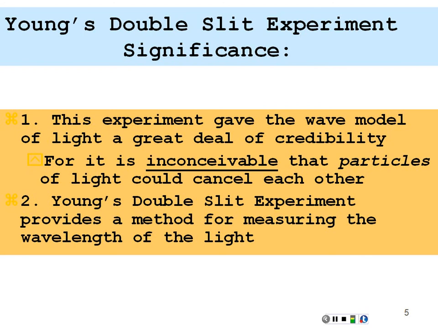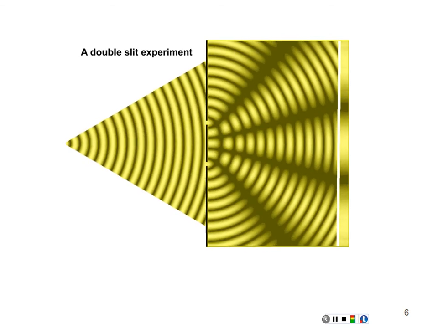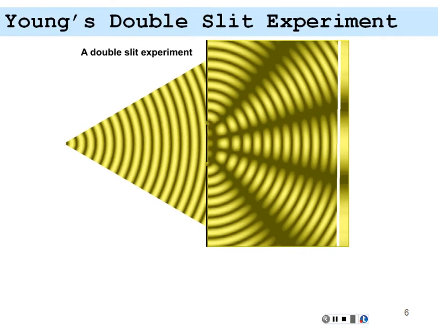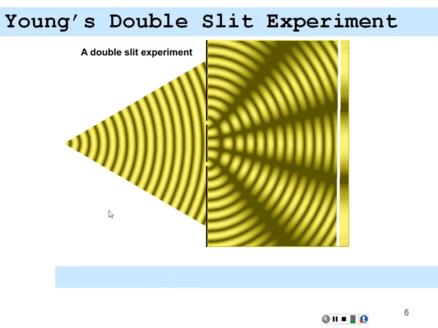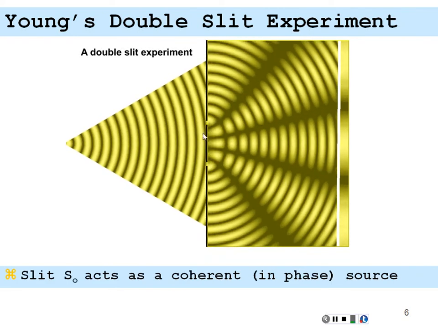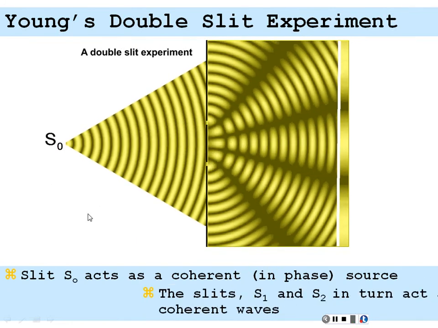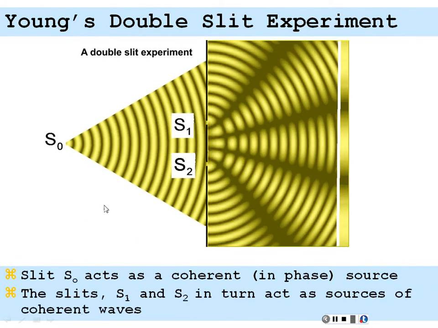In Young's double-slit experiment, we also can use this experiment to help us with a method of measuring the wavelength of the light. We'll see that in just a moment. Here's how it might look. We have a source, S0, acting as our coherent source, impinging upon two other slits, S1 and S2.